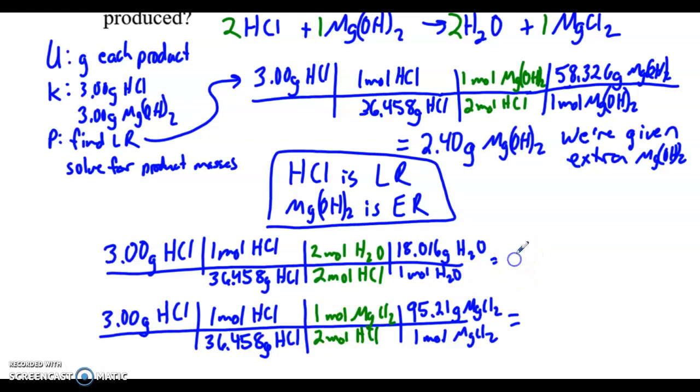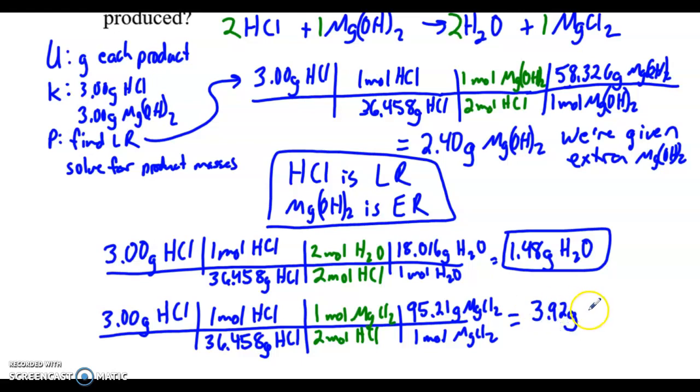So I got 1.48 grams of water for the first one, and I got 3.92 grams of magnesium chloride for the second one here.